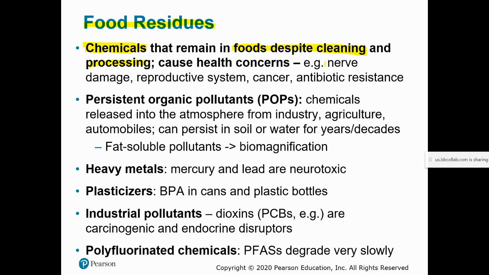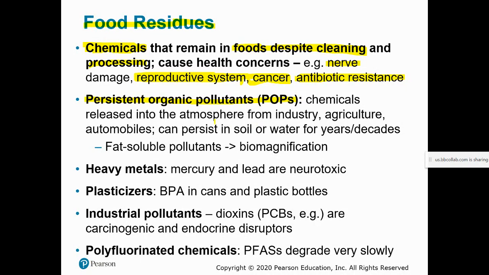And so the symptoms can be basically damage to a certain part of the body or a certain organ system. So some of the common sites of damage that we see are the nervous system, reproductive system, meaning infertility or inability to actually carry through a healthy pregnancy, cancers in various parts of the body, and antibiotic resistance in the gut. Other places where we kind of have similar types of chemical exposures, we have things called persistent organic pollutants.